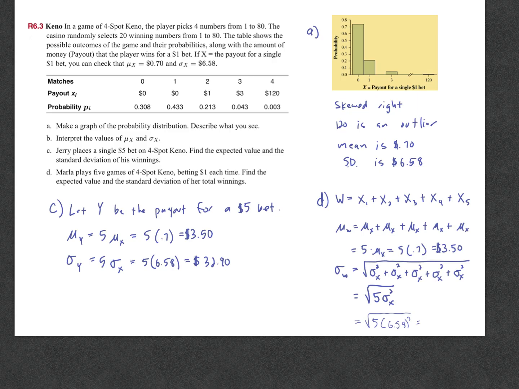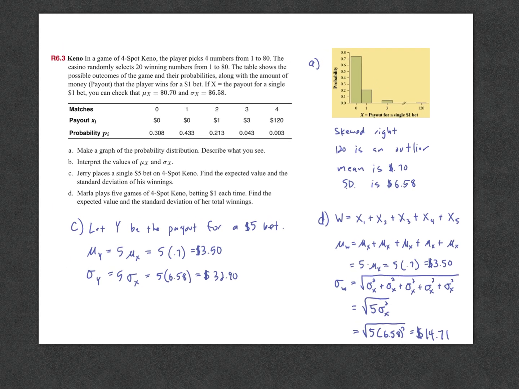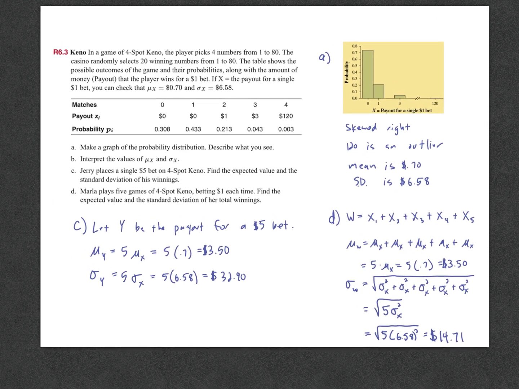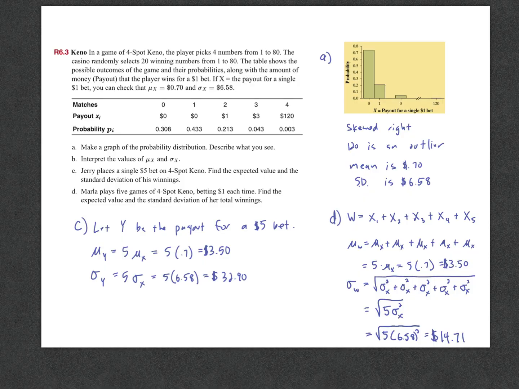Okay, and then whatever that ends up being, 14.71. $14.71. So notice we can't just multiply the standard deviation by 5 in this case like we could with the other one. You have to be adding their variances and then taking the square root.